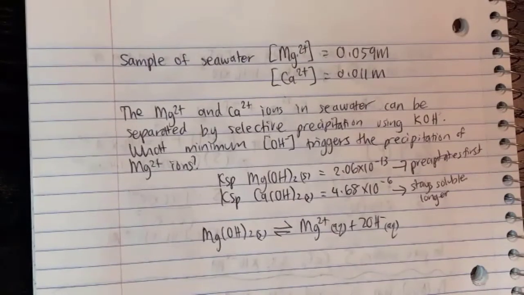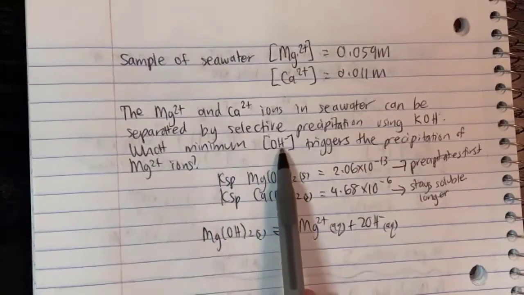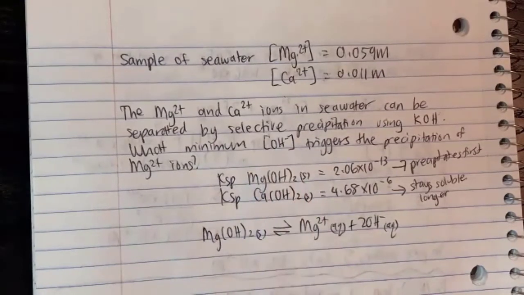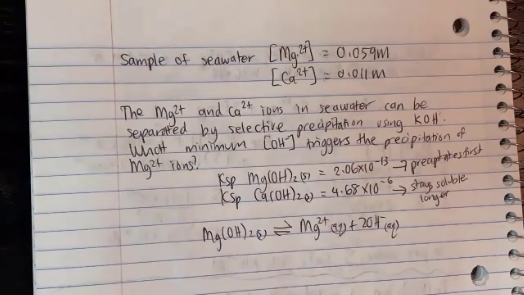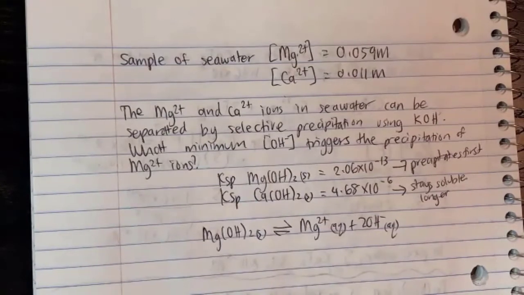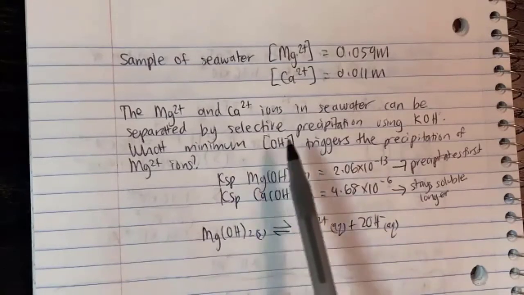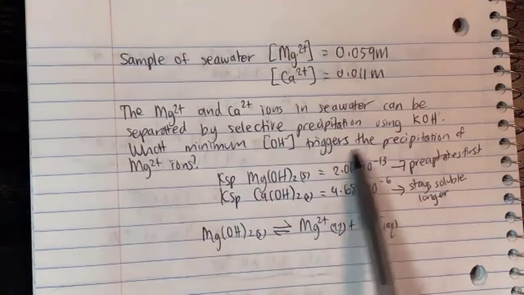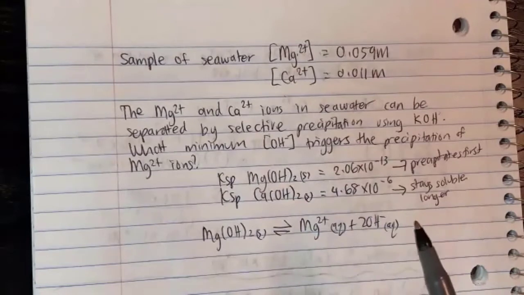So they're asking you, what's the minimum hydroxide concentration for you to start seeing magnesium hydroxide precipitate out? So basically, you're just comparing Q to K. You want the hydroxide to be high enough that when you put the molarities into the Q value, it's higher than this number, and then it will precipitate.